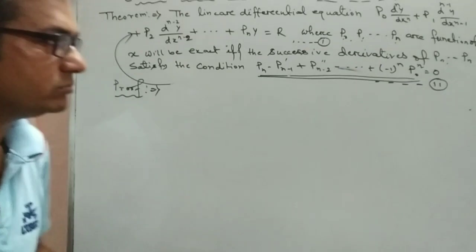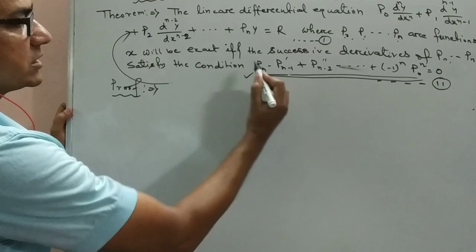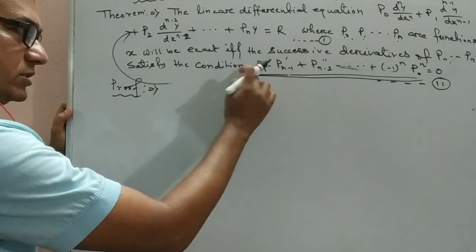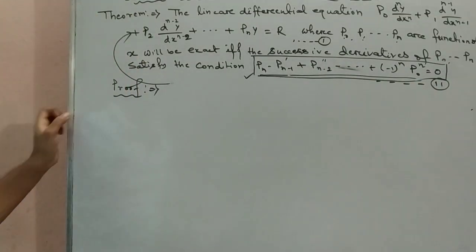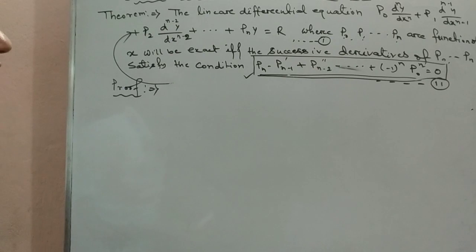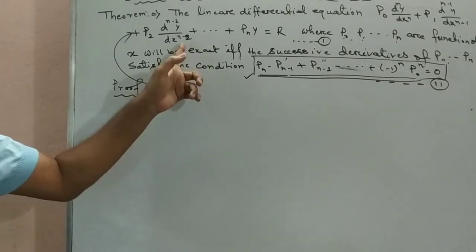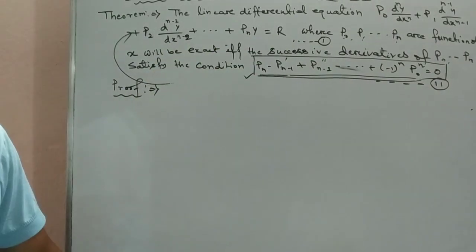Here we take this is correct, or this is assumed here. This is assumed here, and we can show that this equation is exact.